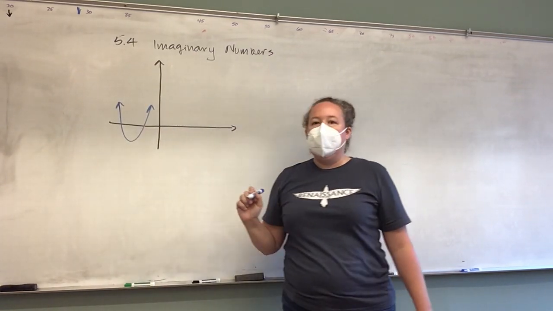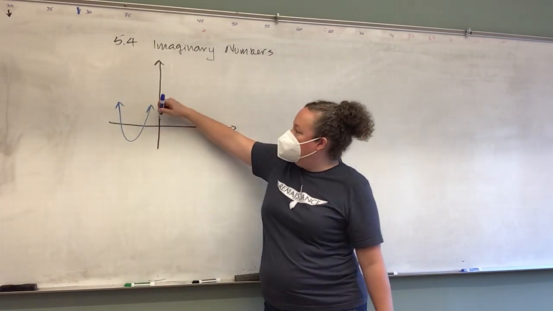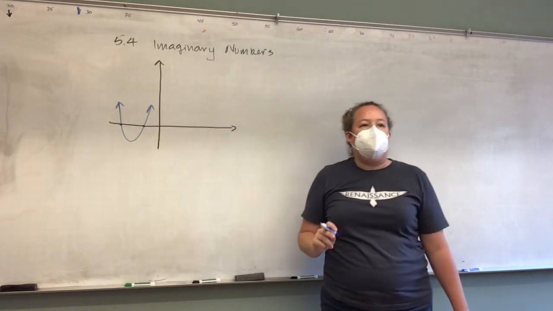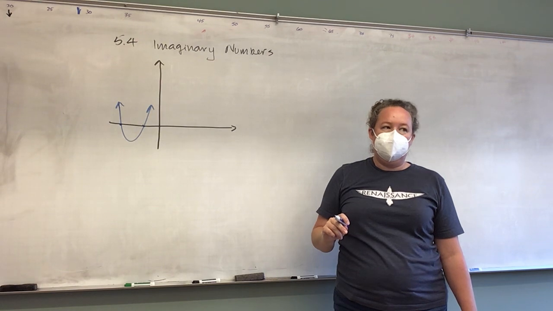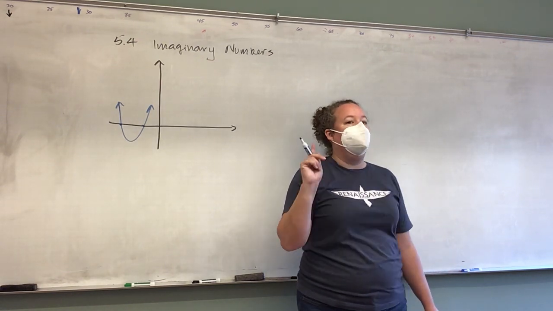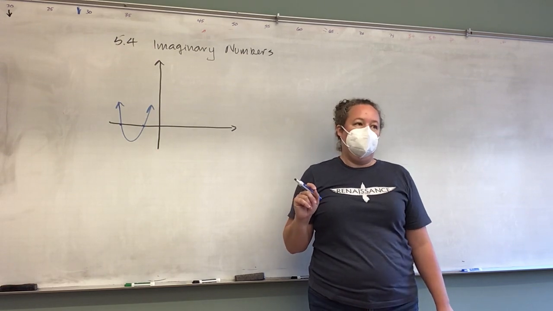Okay? This parabola has two real solutions because it crosses the x-axis in two real places. Is it possible to have a parabola with just one solution? What would that look like?